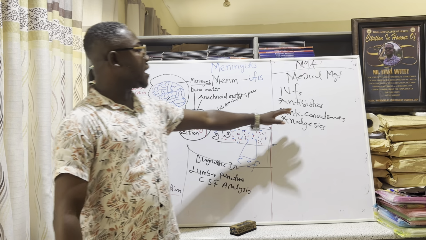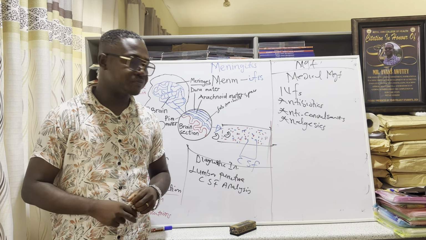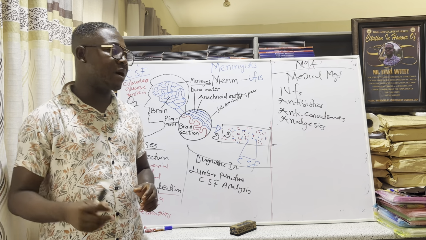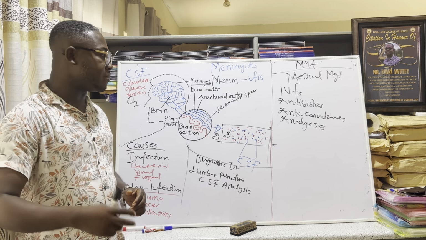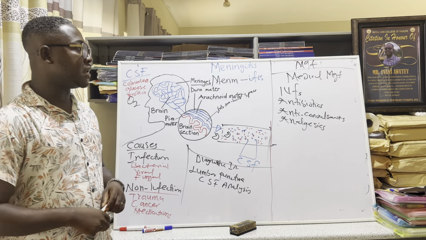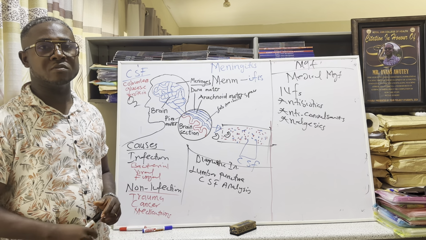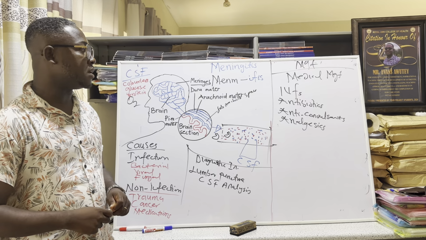And then we can also give antibiotics, and antibiotics we can give the third generation type of antibiotics to deal with the infections or the bacteria that are causing the inflammation. So ceftriaxone, cefixime, all these antibiotics can be given.